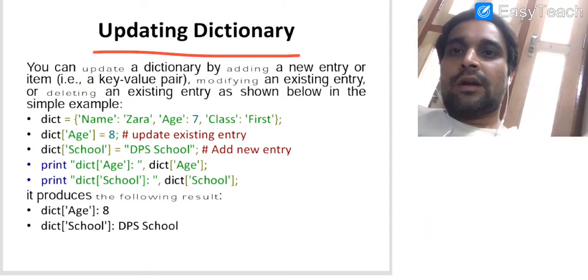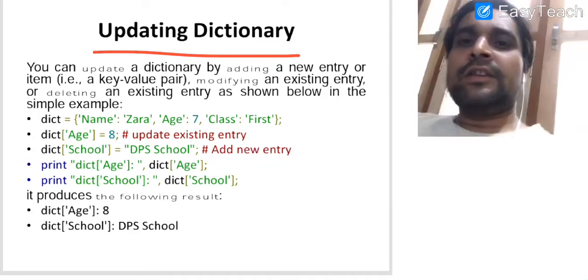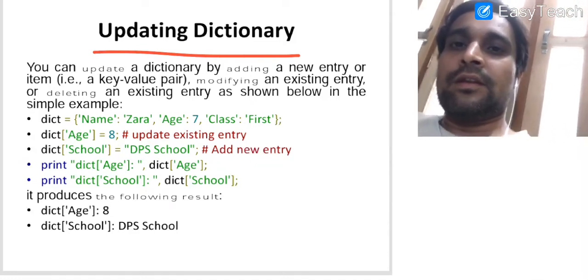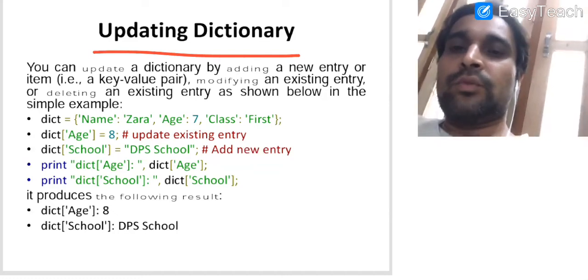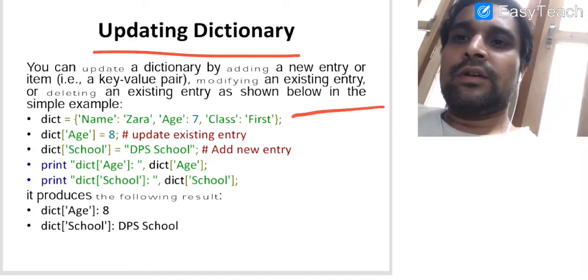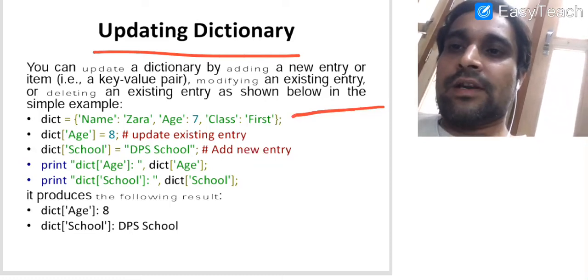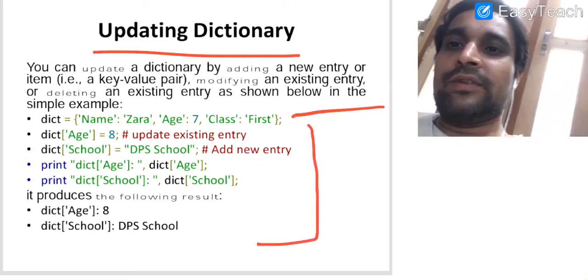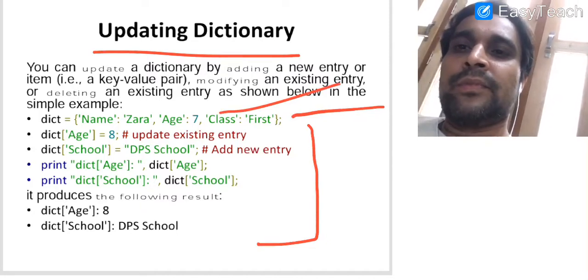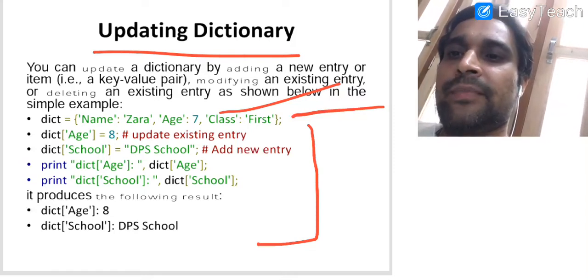Now updating a dictionary. Updating a dictionary means you can either add some key value pair in your dictionary, or you can modify the value of a key that is already existing in your dictionary. So let us discuss this concept with the help of the example that is written here. We have created the same dictionary DICT with some items which consist of keys and values separated by colon sign.